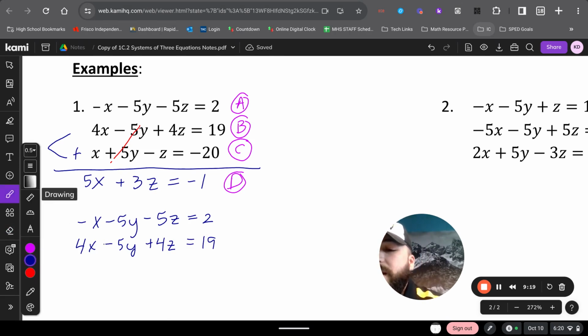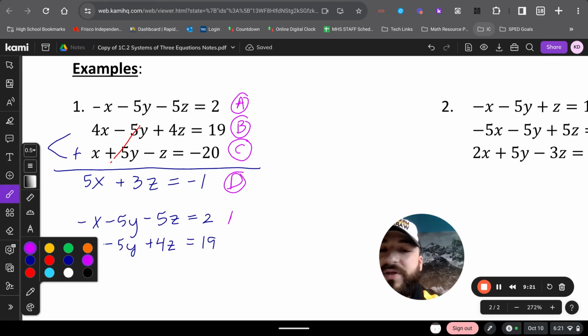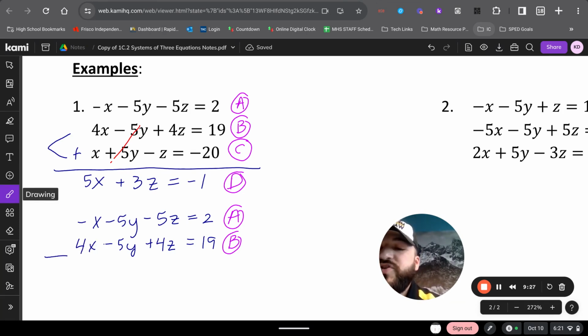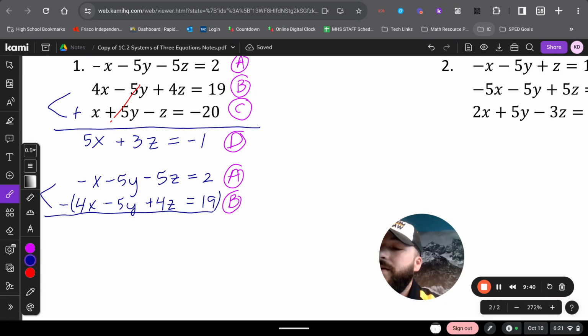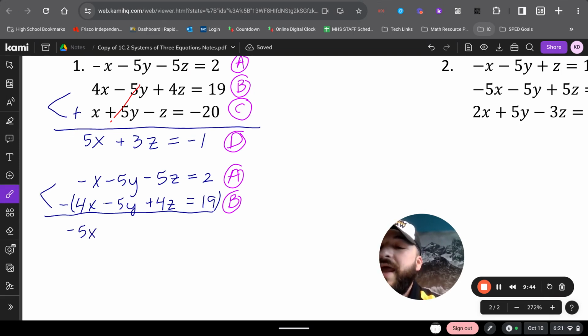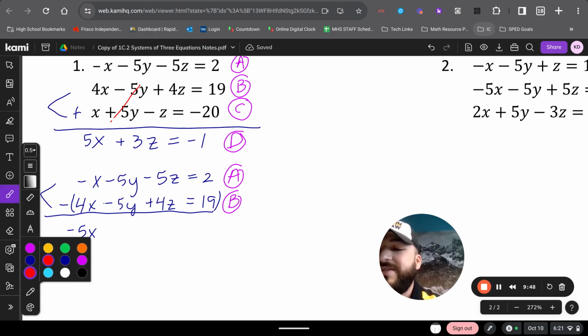And just to help us keep track, that is, of course, equation A and equation B. And we are going to be subtracting these two equations, because if I subtract the two equations, then I'm going to get those y's to cancel out. So negative x minus 4x would give me negative 5x. Negative 5y minus negative 5y is the same as adding, so that's going to get those to cancel out.